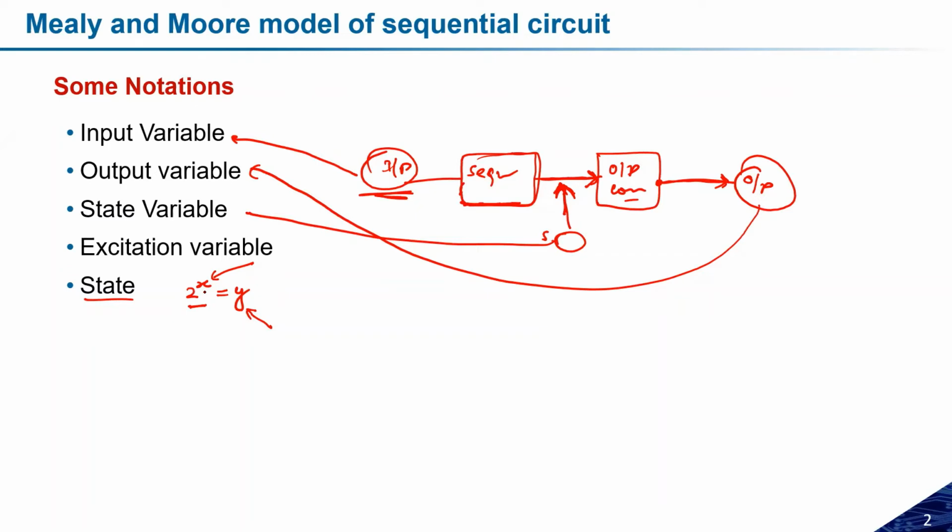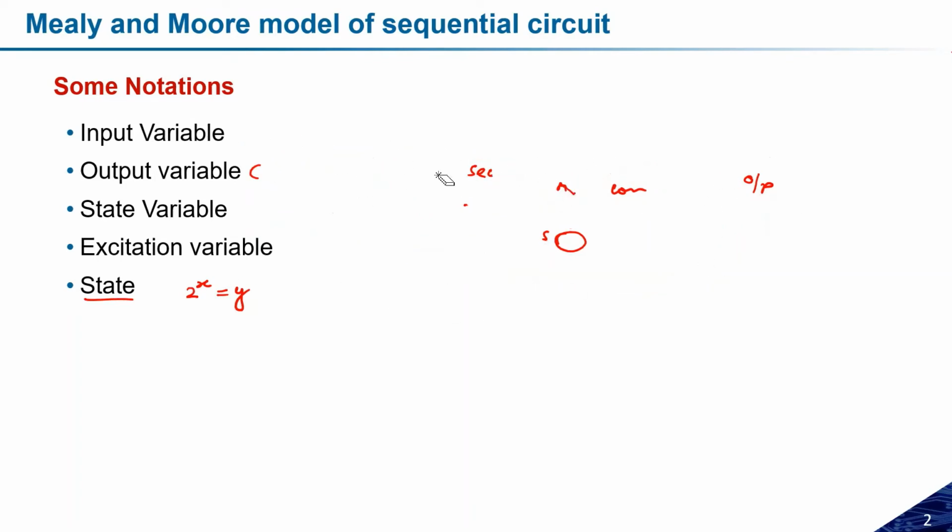In total we have 4 possible combinations, so the total possible states will be 4. So the number of states depends on how many state variables, or how many flip-flops, we have. This is the relation between the flip-flops and the possible states. This is the important thing.